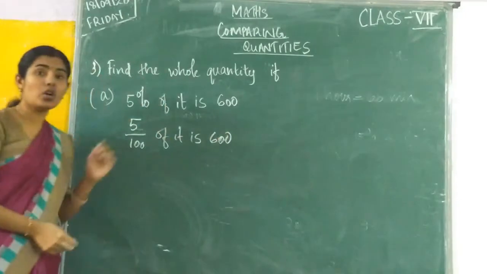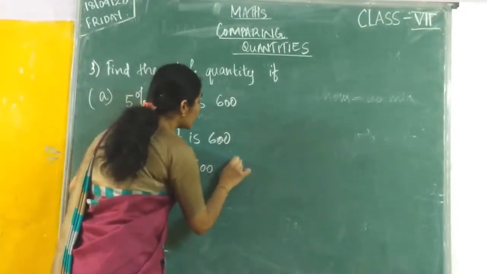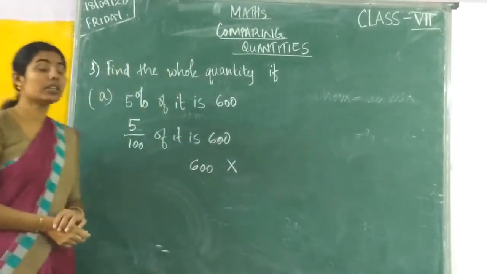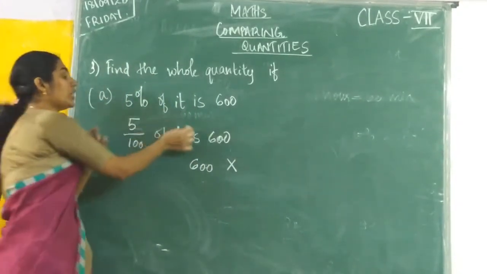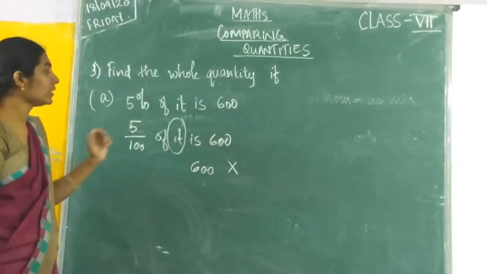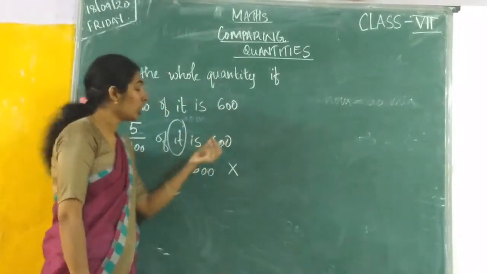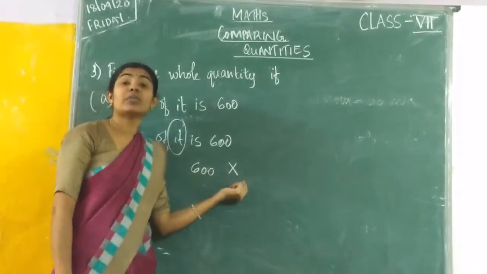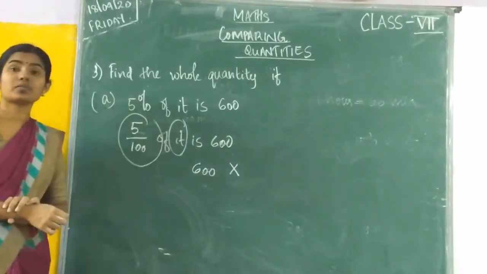To find the whole quantity, what should you do? 600 you should multiply with the reciprocal of this fraction. What do you want to find? You want to find the whole quantity, isn't it? So to find that, what should you do? The given value 600, you should multiply with the reciprocal of this fraction.